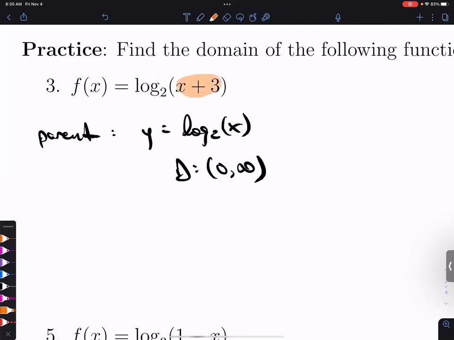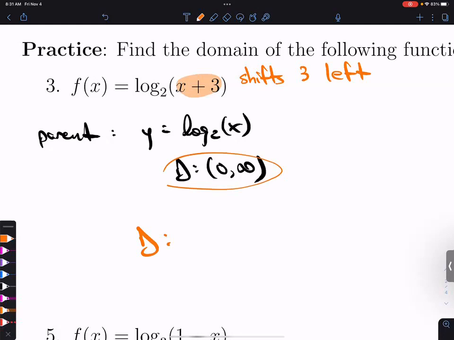Well, what does this do? It's +3. It's inside the logarithm, so it's going to be horizontal. +3 would shift it 3 to the left. If you take this and shift it 3 to the left, what's the domain? -3 to infinity, right? Instead of 0 being where that asymptote occurs.